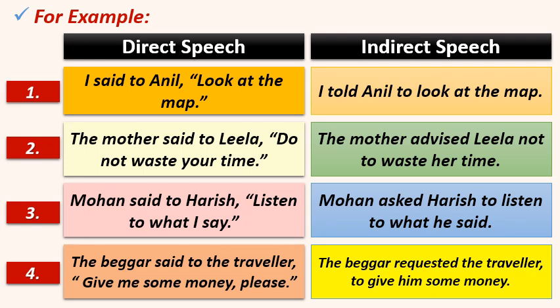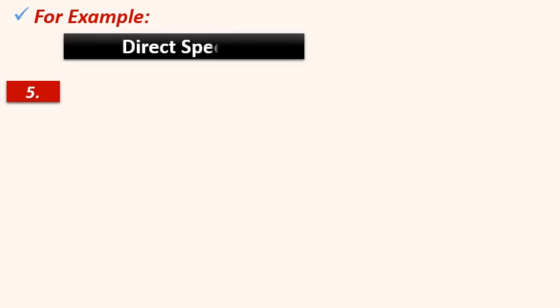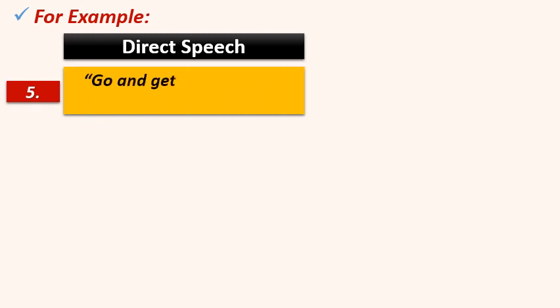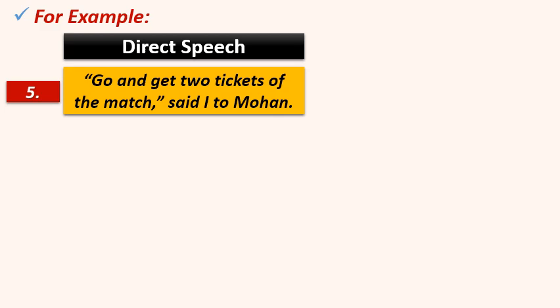So dear students, you have to change the reporting verb as per the sense of the sentence. Now let us see more examples. Number fifth is, "Go and get 2 tickets of the match," said I to Mohan.